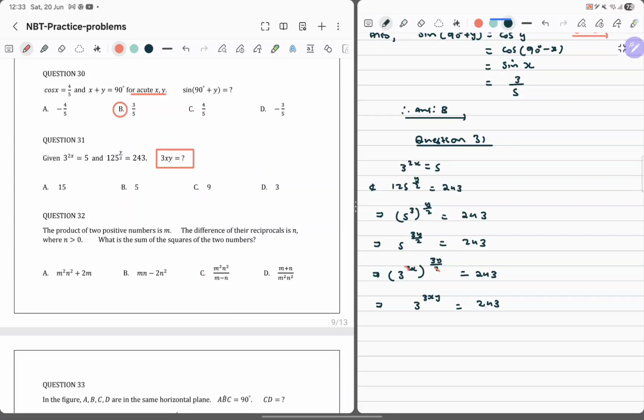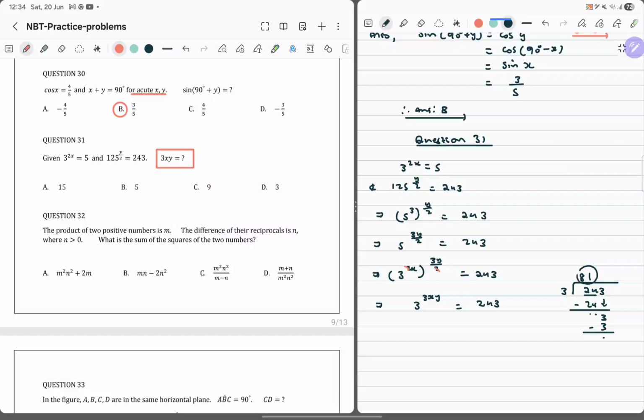Now can we express 243 by 3? So let's see what is happening here. 3 to 24 goes 8 times. 8 times 3, that's 24. We drop the 3 to 3 once, 1 times 3, 0.